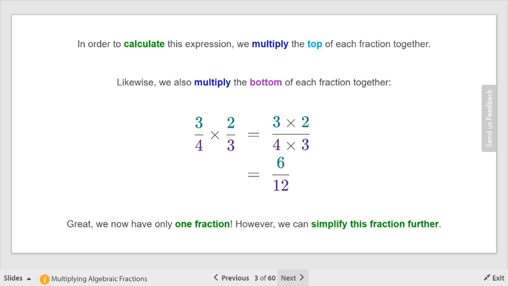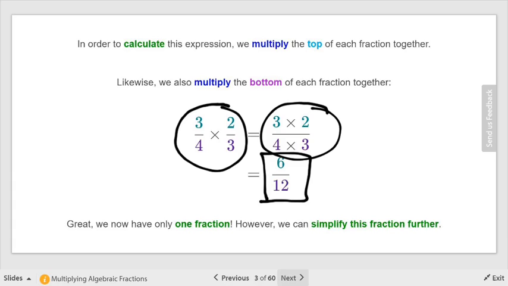So this is an example of what I'm talking about that I do not want you to do. Do you see what they did was they just multiplied straight across and then got a fraction here, and then they're going to simplify or reduce it. Now, exactly, because in algebra, you're going to have fractions that look like this.